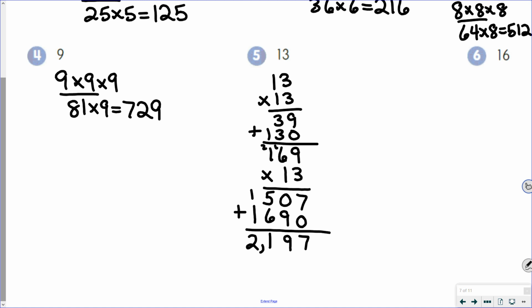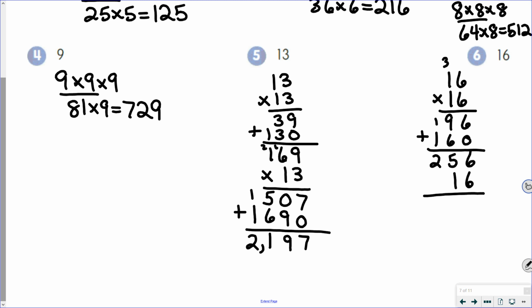And then to cube 16, it's the same process. Start by taking 16 times 16. Add those together. We get 256, and then take 256 times 16.